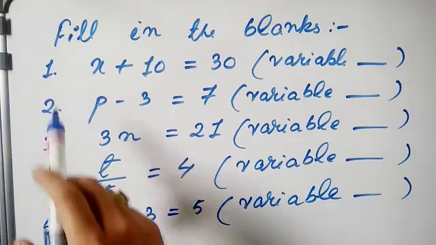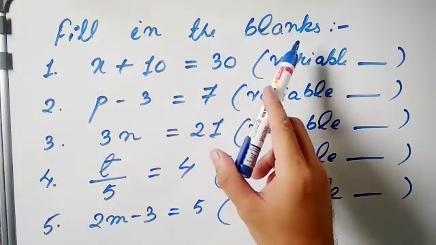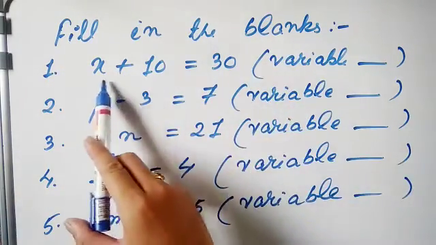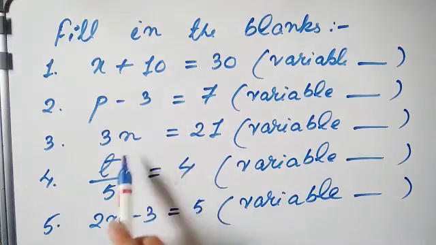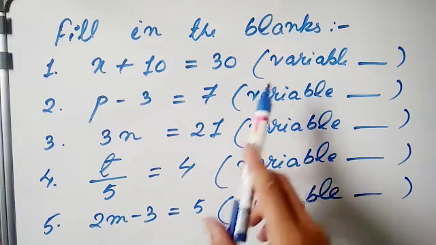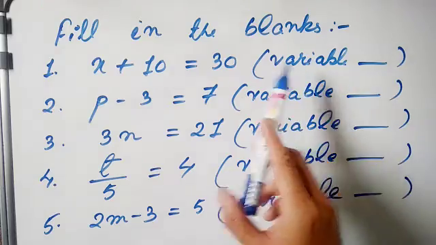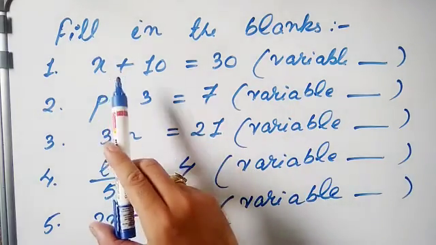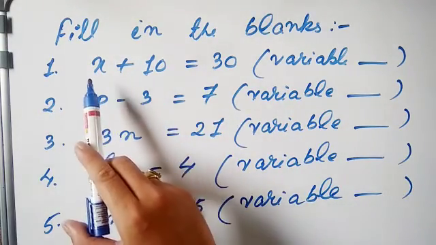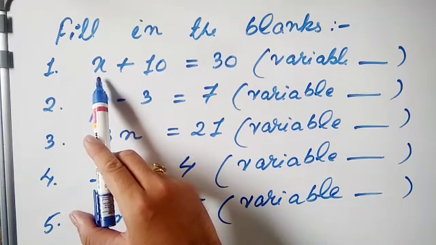Next, students, our next question is fill in the blank. It means that in the question they will be giving us a lot of equations, and our answer will be to find the variable involved in that equation. Understood? So first of all, let's look at the first question.